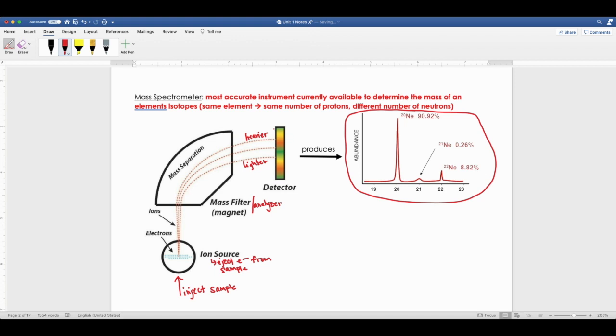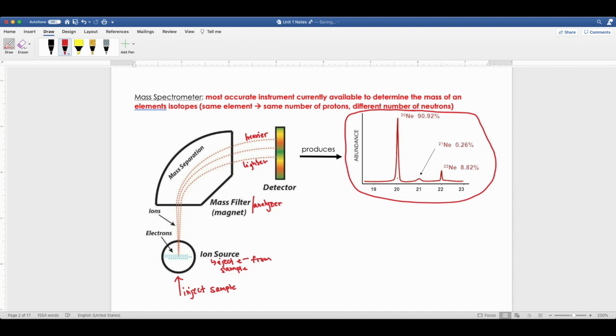And we would produce some sort of a spectrum through this detector. In this case, it looks like most of this sample has a mass of 20, right? So most of this sample is going to be neon 20. And in fact, this is present in about 90.92%.